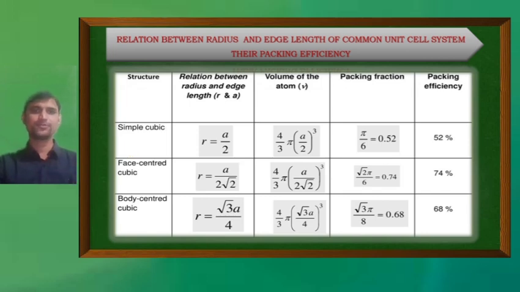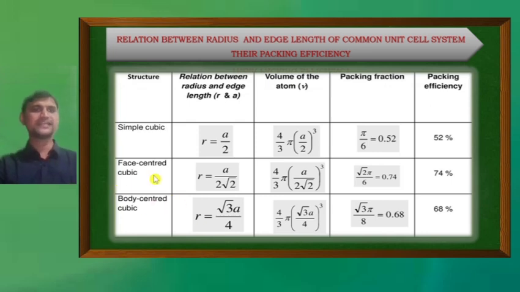In the simple cubic unit cell, see the r and a relation. r is equal to a by 2, so the volume of atom is 4 by 3 pi into the cube of a by 2. Packing fraction, that is pi by 6, is equal to 0.52 and packing efficiency in percentage is 52.